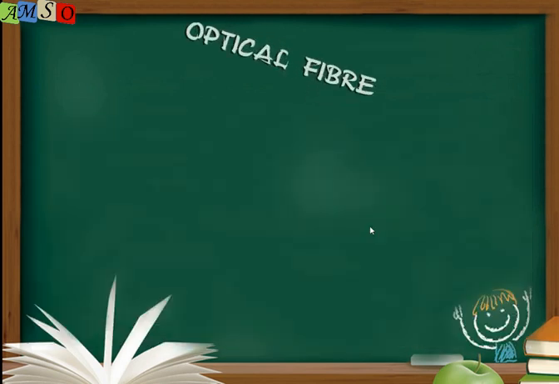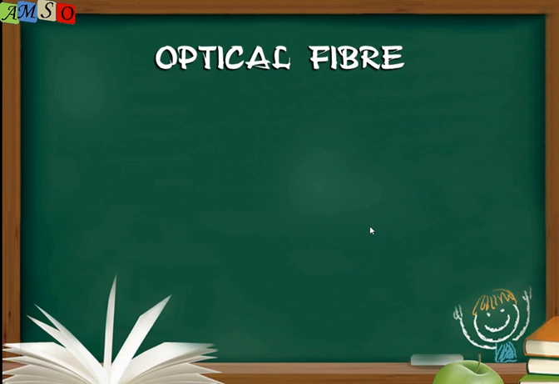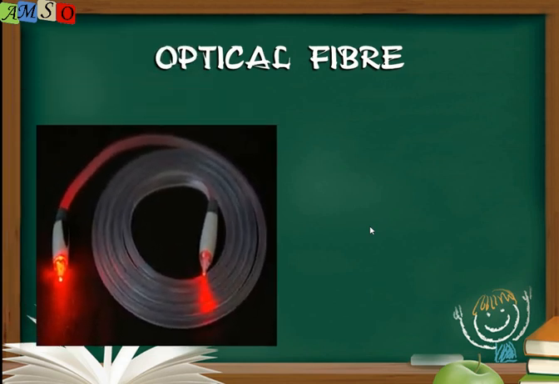So we now have the last one, which is the fiber optics cable. So this is an optical fiber cable. This is how it looks. It's the only cable that uses light as the mode of transfer of signal or information. The first two we talked about don't use light. They all have a wire inside, but this one doesn't have any wire.